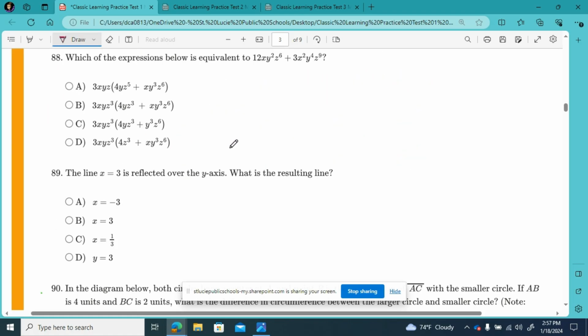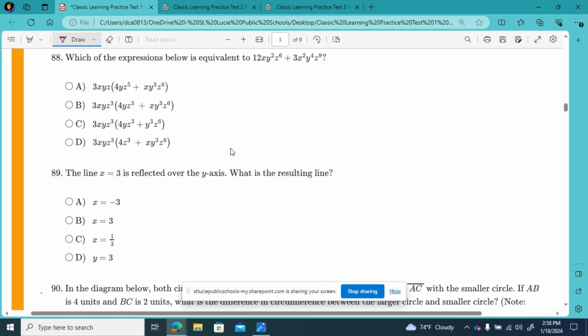Number 88, which of the expressions below is equivalent to 12x y squared z to the power of 6 plus 3x squared y to the power of 4 z to the power of 9. This is a bit more complex than what we have seen on SAT, ACT, or your algebra EOCs, but it's totally doable.